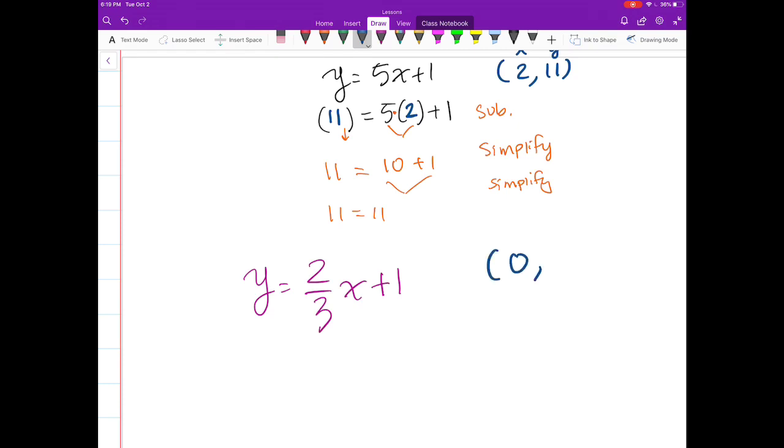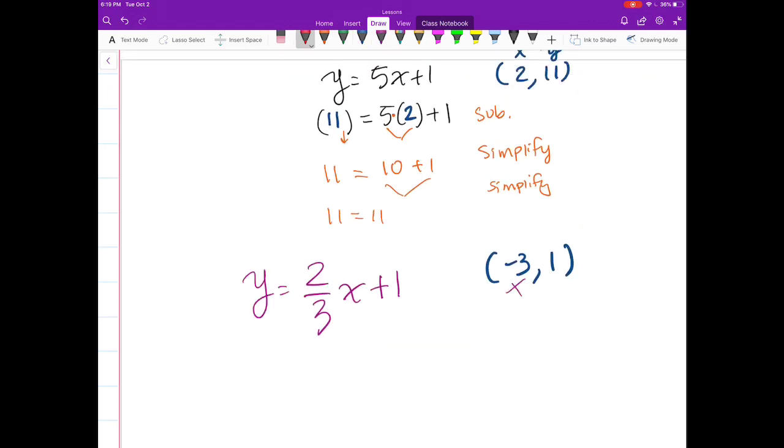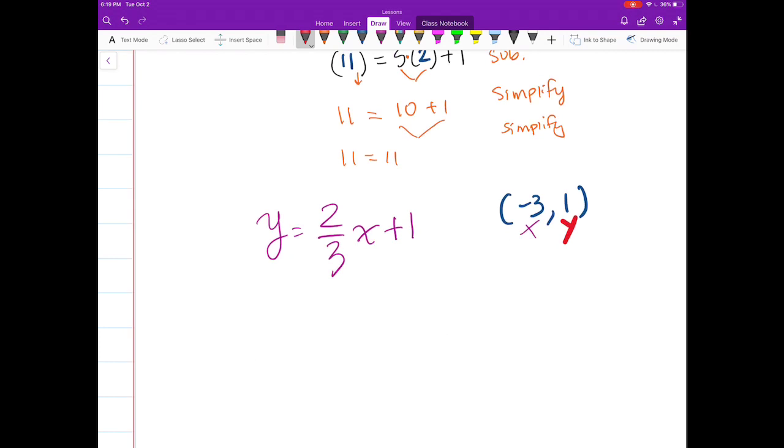If I give you a point, let's do negative 3. Okay? Negative 3. So this is your x, and this is your y. Okay, so then placeholders. Placeholder equals 2 over 3 placeholder plus 1.